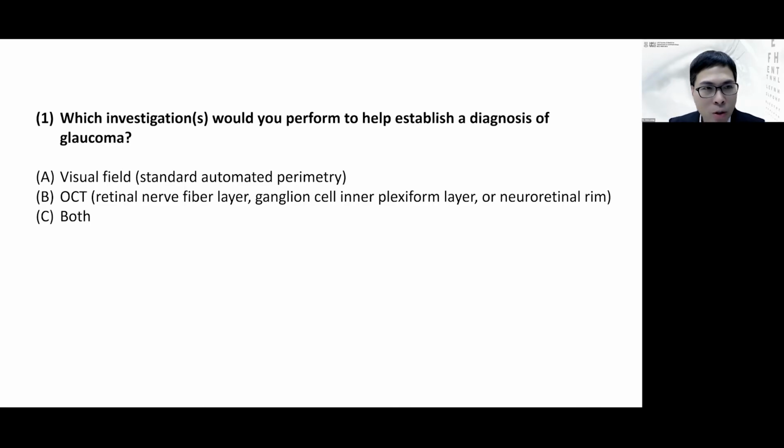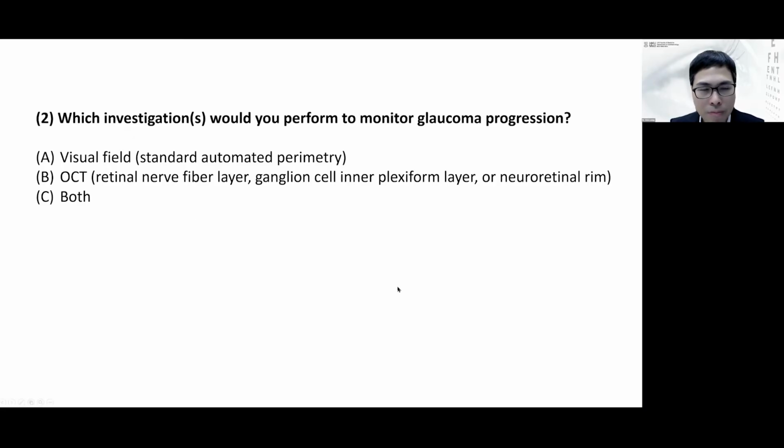Very good. So question number 2, which investigation would you perform to monitor glaucoma progression? A, visual field, B, OCT, C, both. We have 75% of our audience would use both technologies.